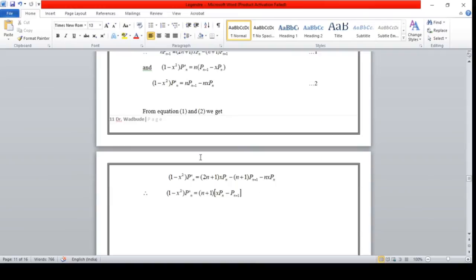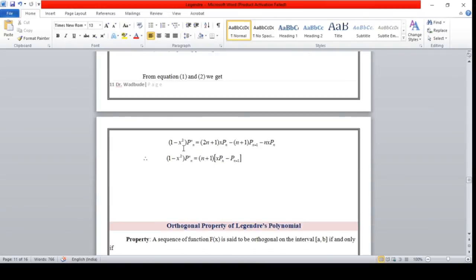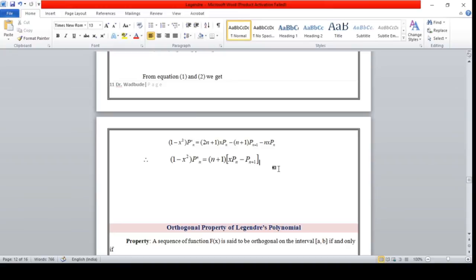From equation 1 and 2 again, 1 minus x square P dash n is equal to twice n plus 1 x Pn minus n plus 1 Pn plus 1 minus nx Pn, and therefore we get finally the sixth recurrence formula. These are the recurrence formulas and most important formulas.